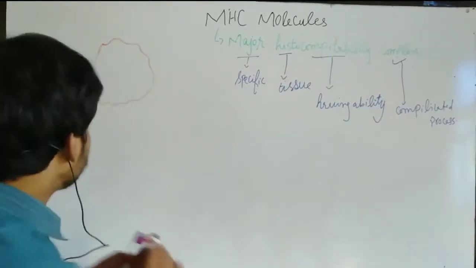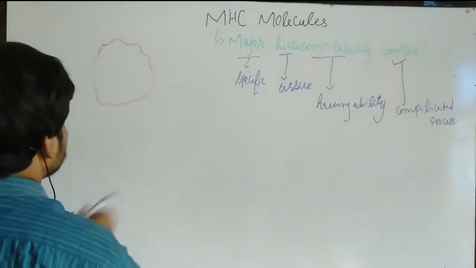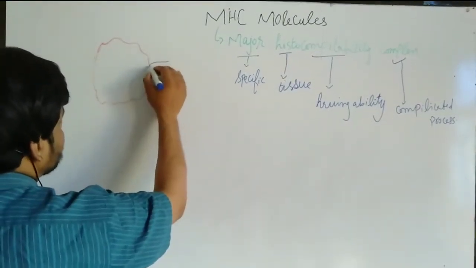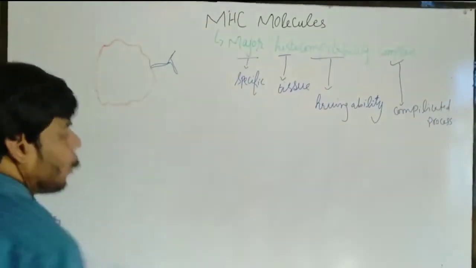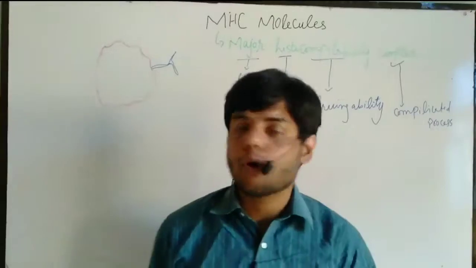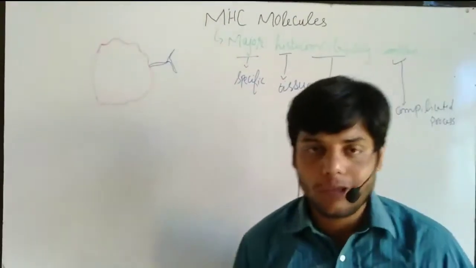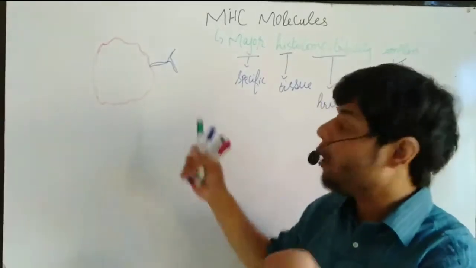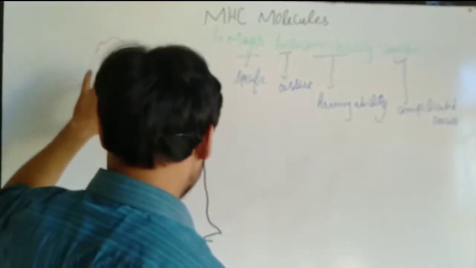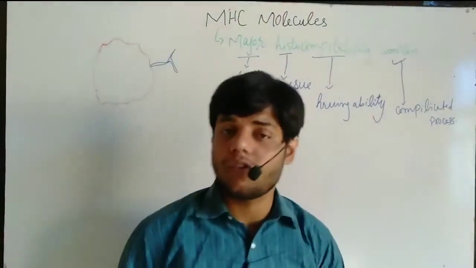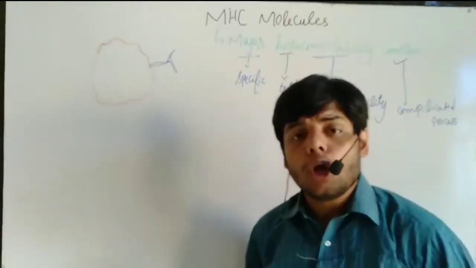On the surface of the eukaryotic cell, there are special kinds of receptors or immunoglobulin-like proteins, which we call MHC molecules. Now how are these MHC molecules synthesized? And what is the function of each MHC molecule? Let me first explain the function.